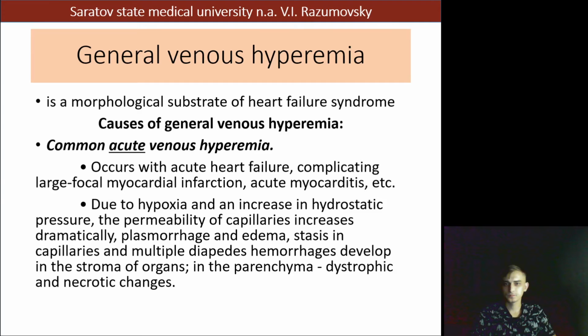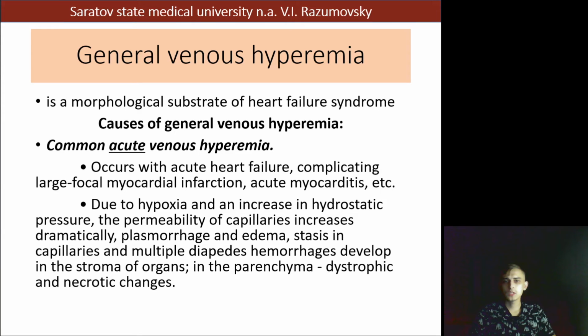General venous hyperemia is a morphological substrate of the heart failure syndrome. Causes of general venous hyperemia. Common acute venous hyperemia associated with acute heart failure, complicate large focal myocardial infarctions, acute myocarditis, and in other heart diseases.